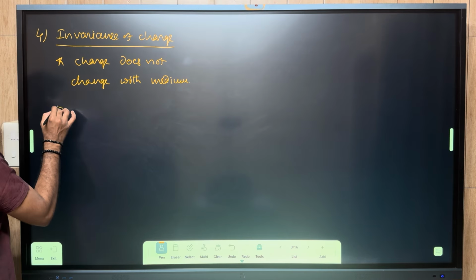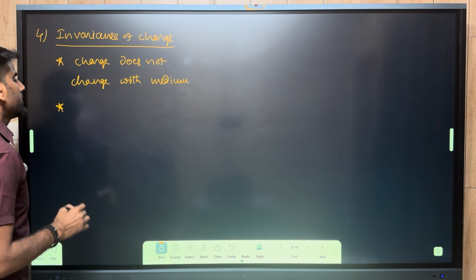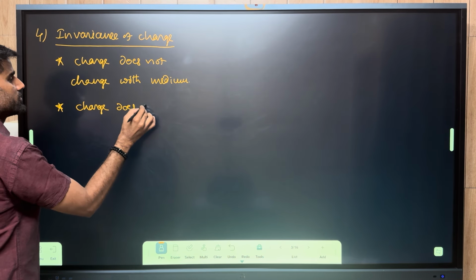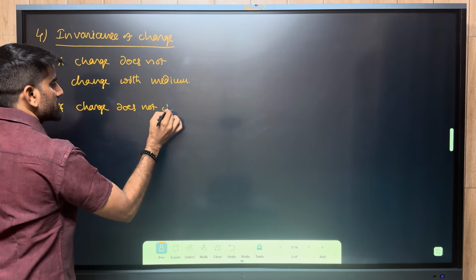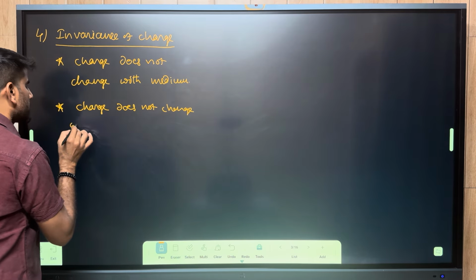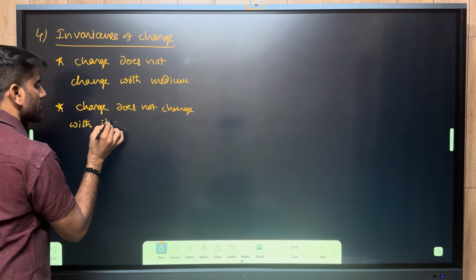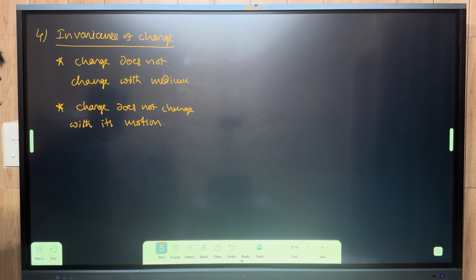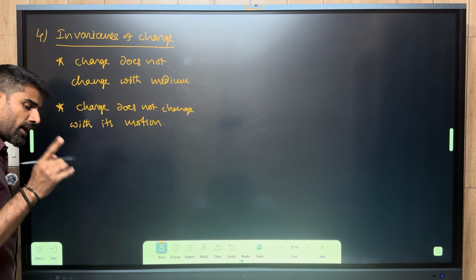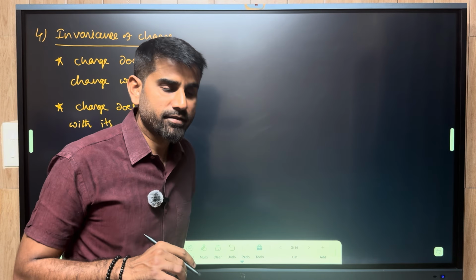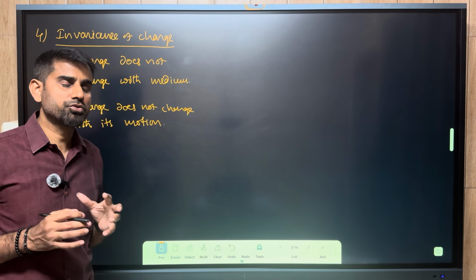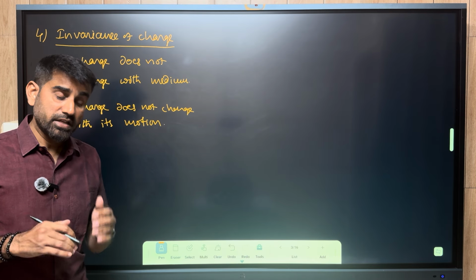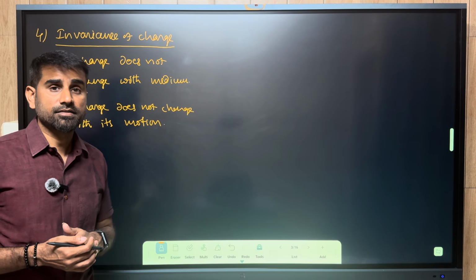Now coming to the second most important point, that is, charge does not change with its motion. Why I am mentioning this property, because when mass is moving in the medium, let's say mass is moving with a speed which is even close to the speed of light, then the mass of the particle changes significantly according to Einstein's relativity.